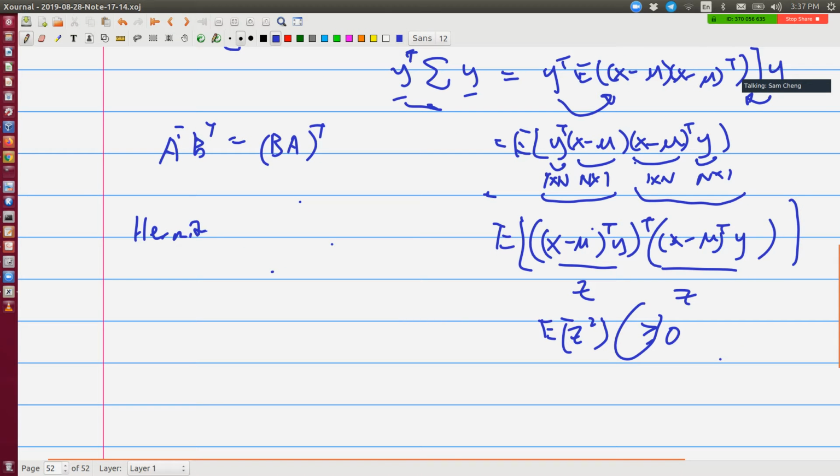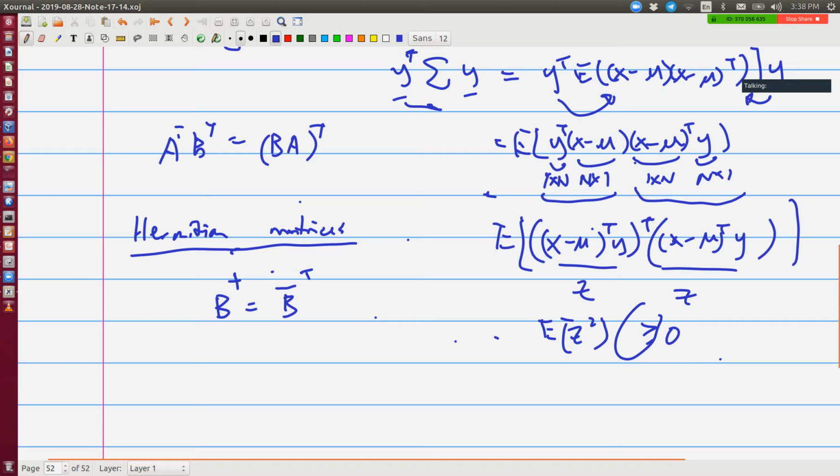So the next thing I will talk about is Hermitian matrices, more precisely. A Hermitian matrix is a kind of extension of the idea of symmetry. The Hermitian of a matrix is equal to the complex conjugate plus the transpose.